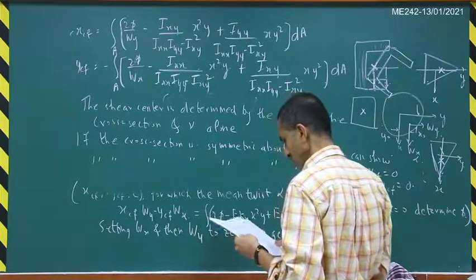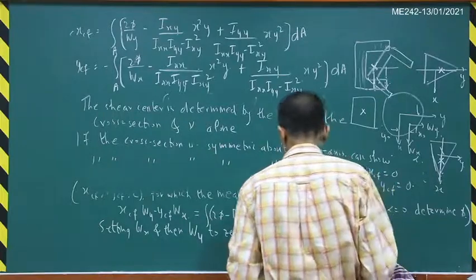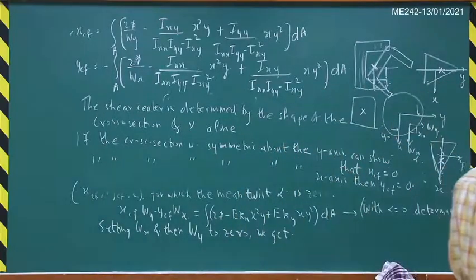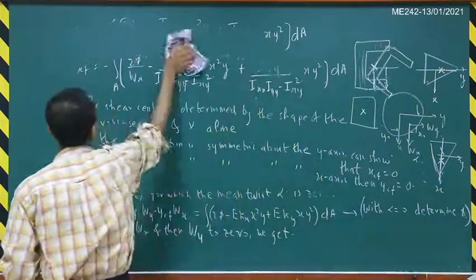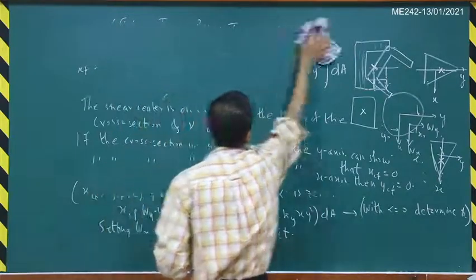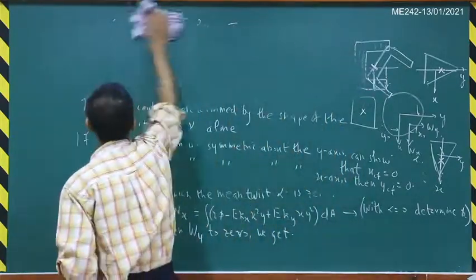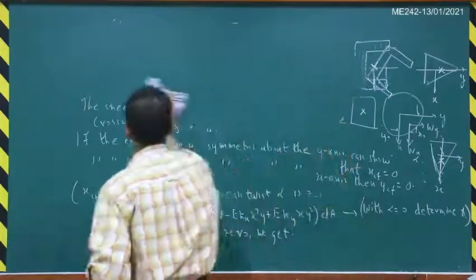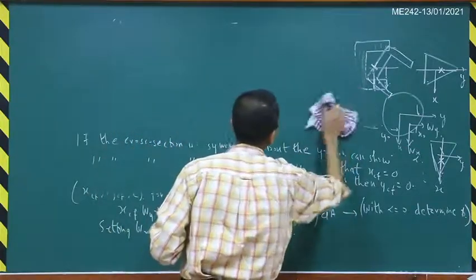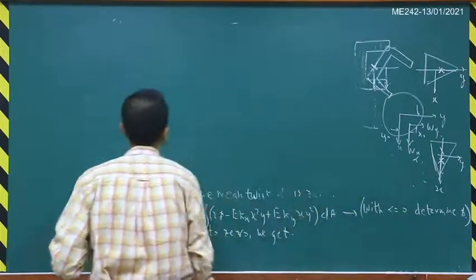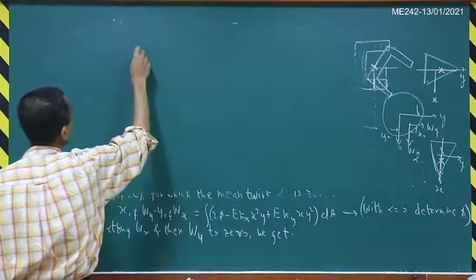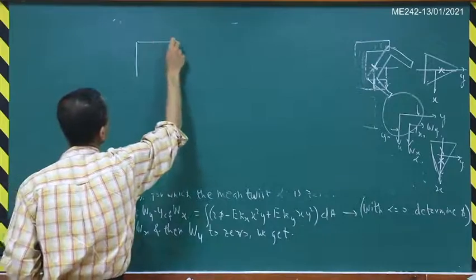Fine. So let us now look at the displacement field here. In this particular case, suppose we take this C-type cross section.